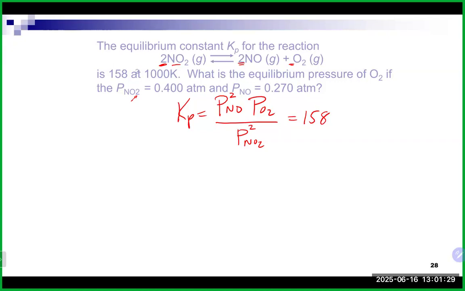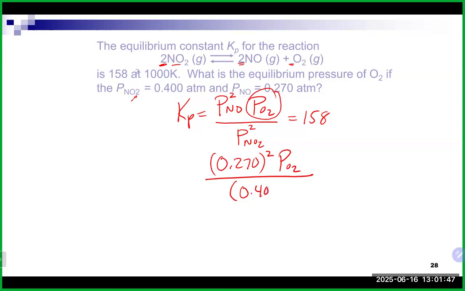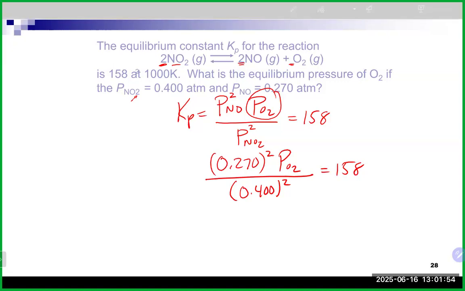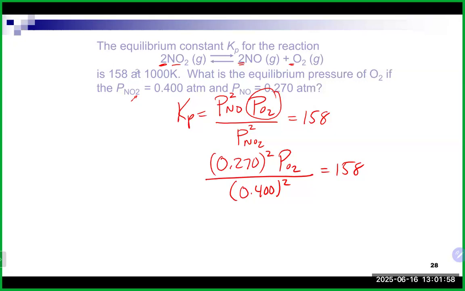At this point, we do have our pressures of 2 of the 3. We are looking for this guy here. So our NO is 0.27, again squared, times the partial pressure of O2, divided by our 0.4, also needs to be squared, equals 158 in this case. Remember, to move something to the opposite side of the equal sign, you do the opposite sort of math operation.